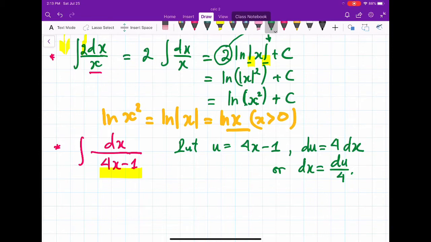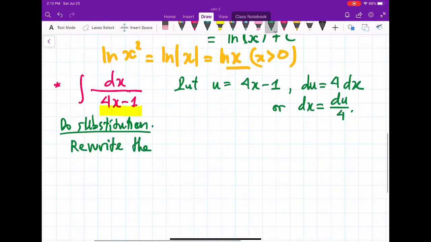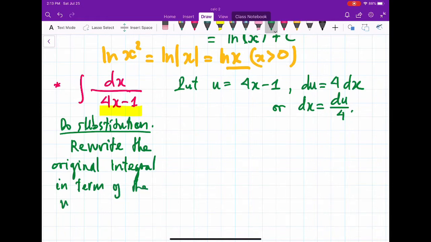When we do substitution, we need to rewrite our integral in terms of new variable. Okay, let me write it down so that we will not forget. When we do substitution, we need to just rewrite the original integral in terms of new variable.